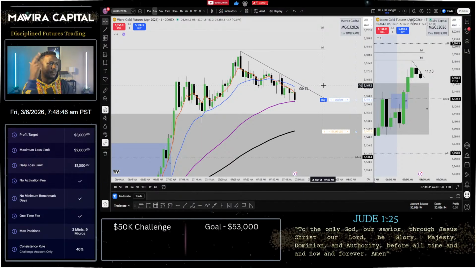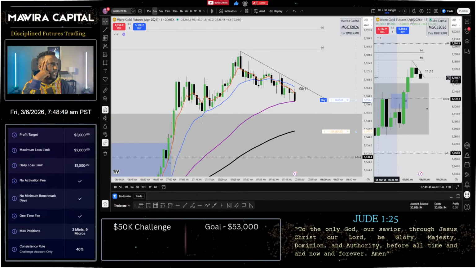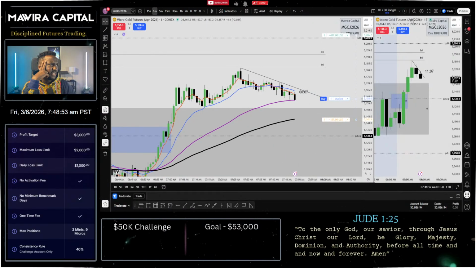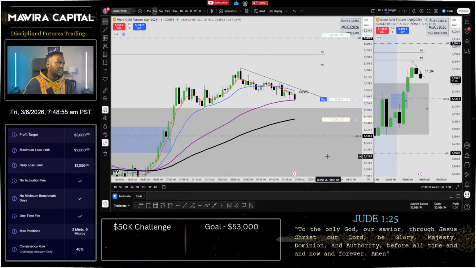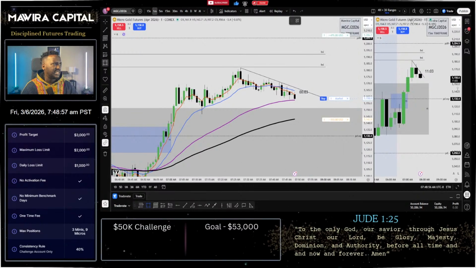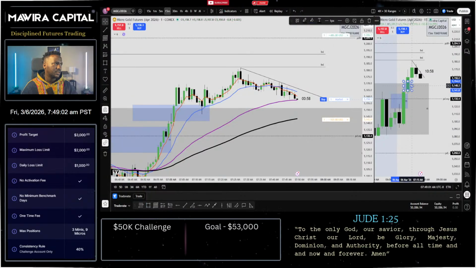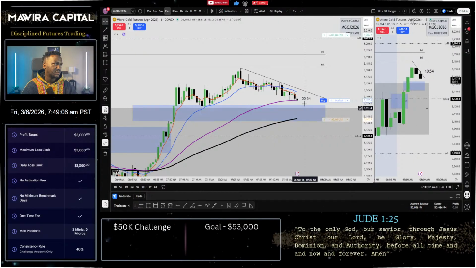So no matter what, now I'm not second guessing myself. Everything is lined up. I just need to see a closure above that trend line and I'm in. I'd love to see it trade to this gap here. At least touch it. Just touch that, and then we go up.